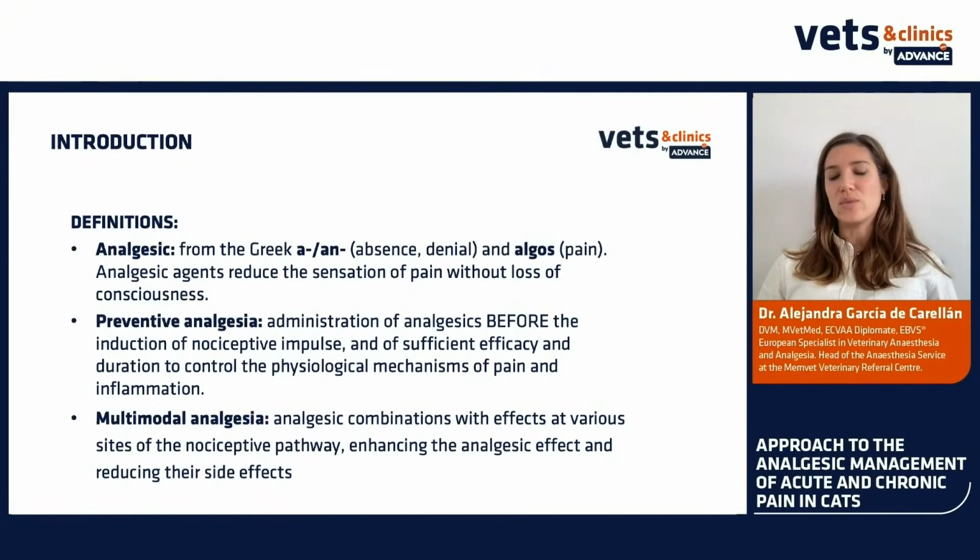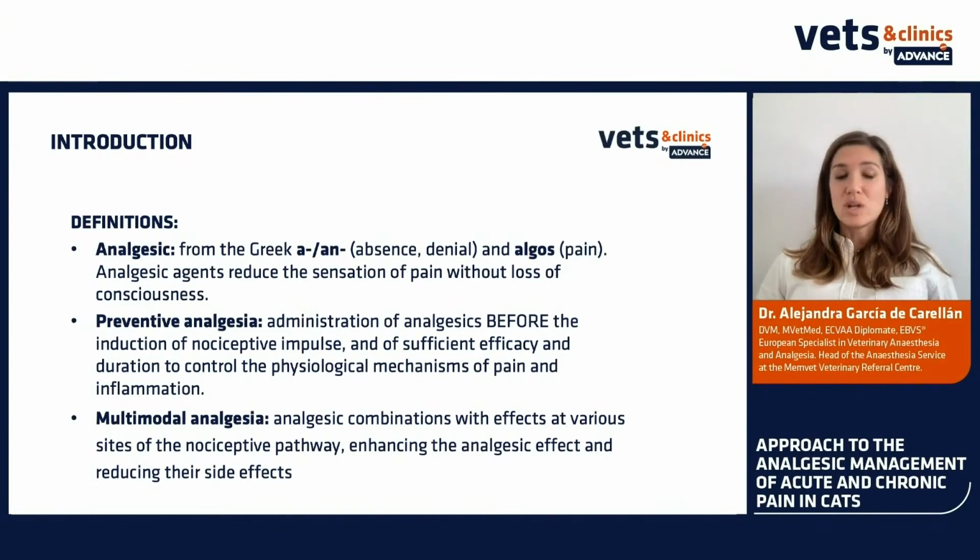For example, if we have an ovariohysterectomy in a female cat, we are going to give her an analgesic in the premedication before the actual surgery happens. This is really good because we can be more efficacious, and the analgesic will control the pain and the physiological mechanisms of pain and inflammation before they even occur. So that will be really, really good.